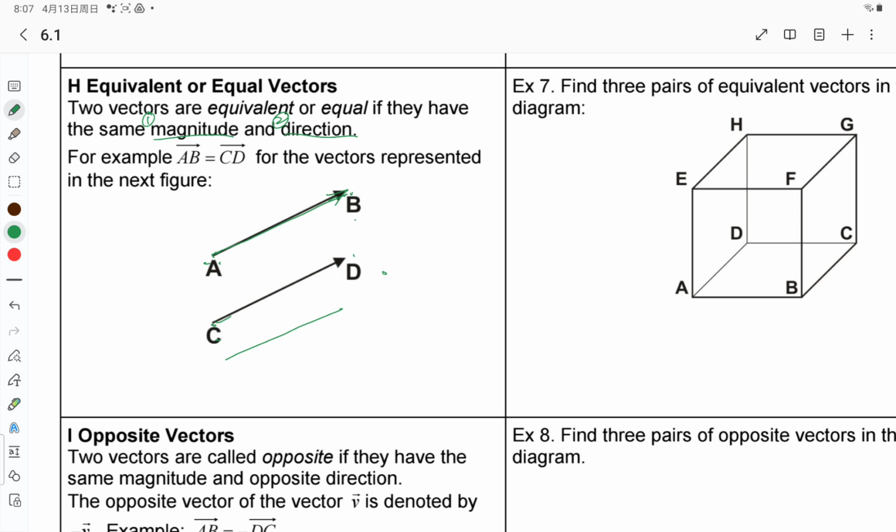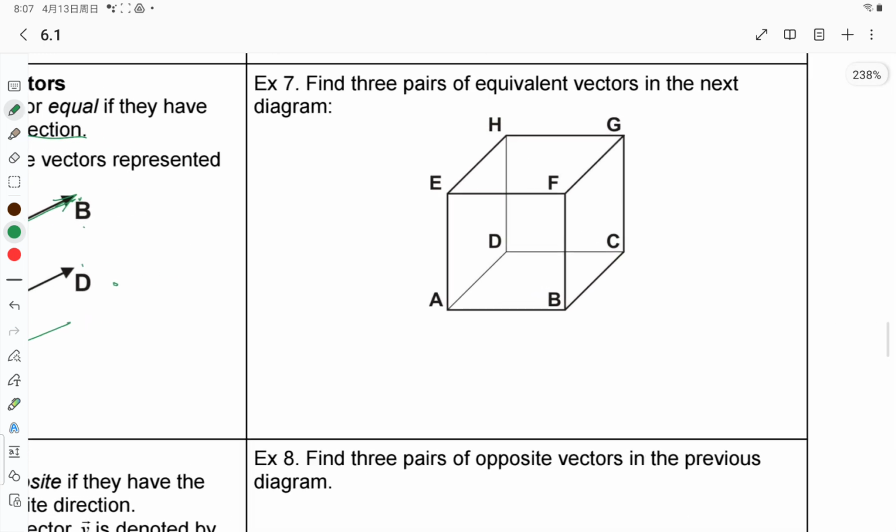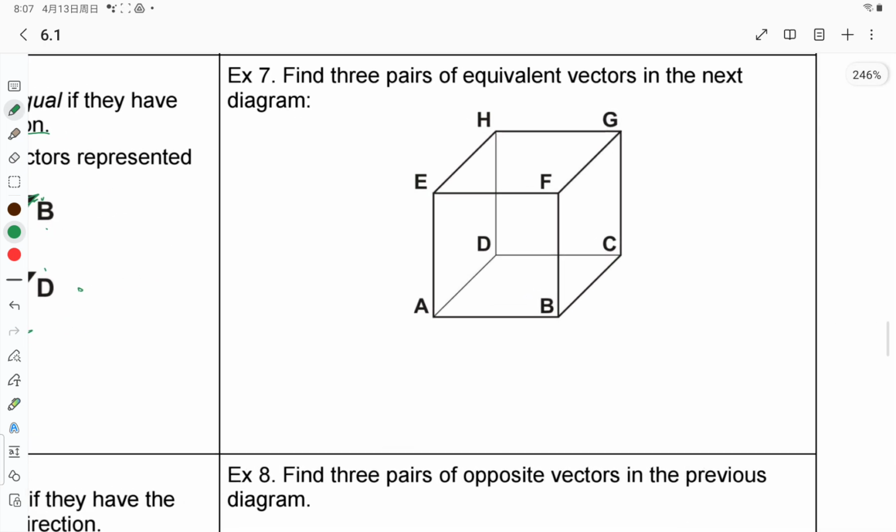Okay, so 7. Find three pairs of equivalent vectors in the next diagram. So let's see. Three pairs of parallel sides, and parallel sides have the same length, right?